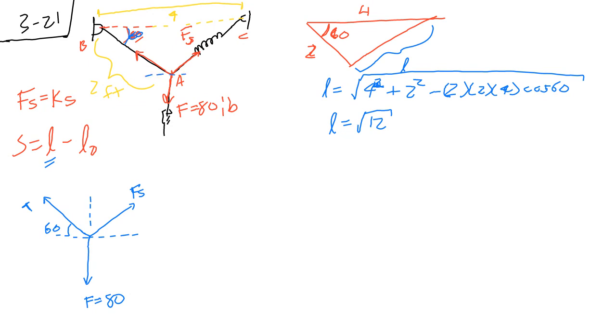So if that's 60, then here must be 60. But we don't know anything about the angle of this force. So it would be nice to know at least what this angle is, this angle up in here. This is called psi. And that would basically give you this angle, right? Okay, so that'll give you that angle.